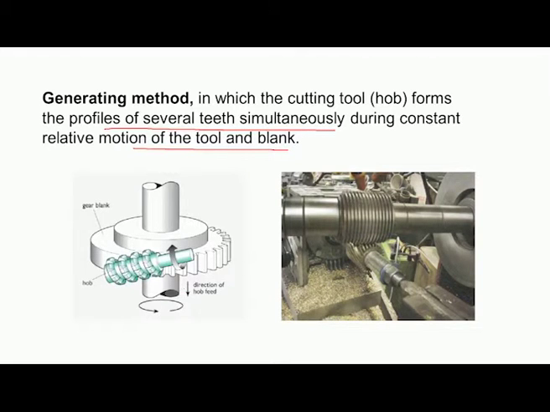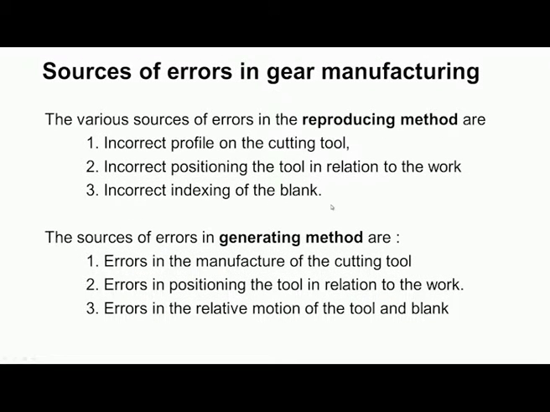This is the gear blank on which we want to make the gear, and this is the hob, the gear cutter. The direction of hob feed you can also see, and the gear blank is rotated simultaneously.